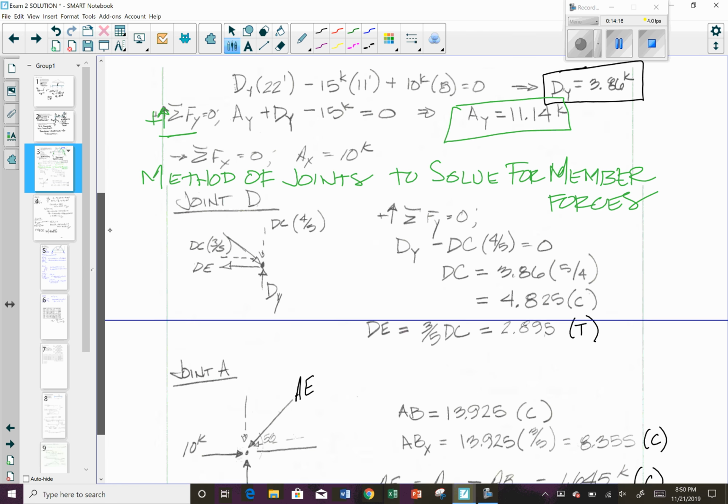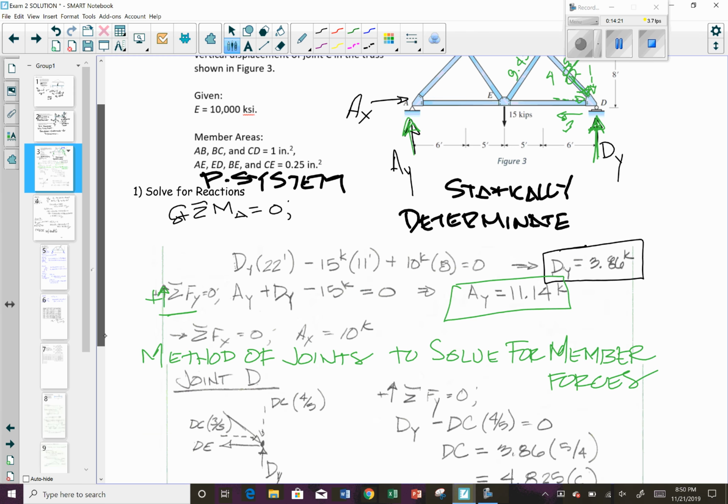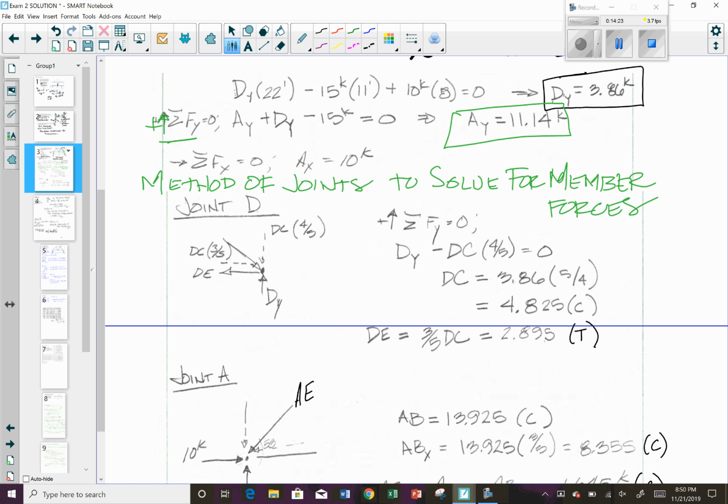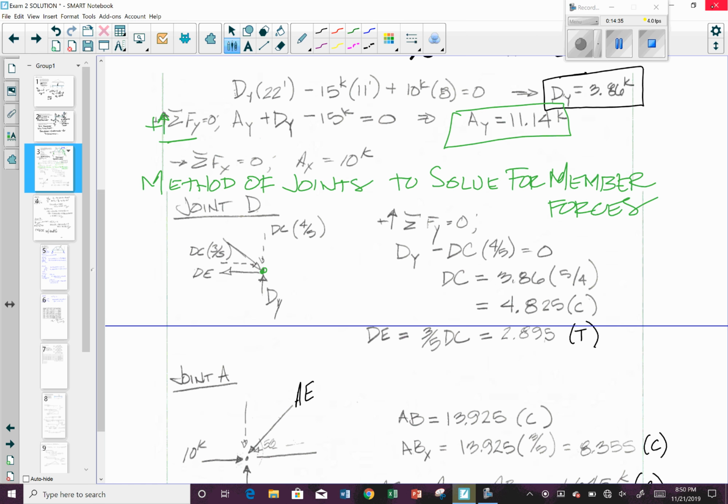So using method of joints to solve for these members, I start with Dy. My vertical reaction is the Dy value that we solved for up here, 3.86. Oh my goodness. 3.86. And then, since this is a 3-4-5 triangle, I can just take this DC value, the component, this is my DC right here.